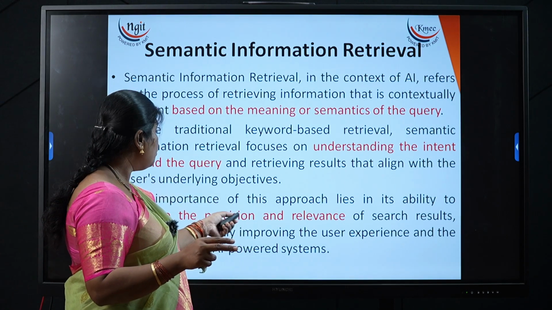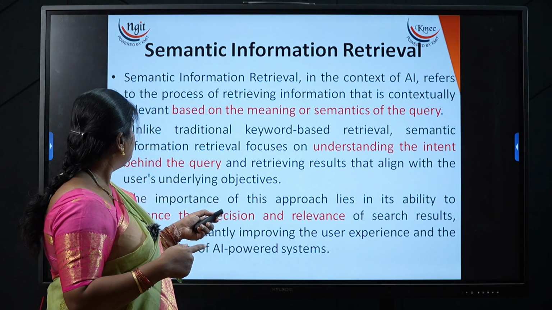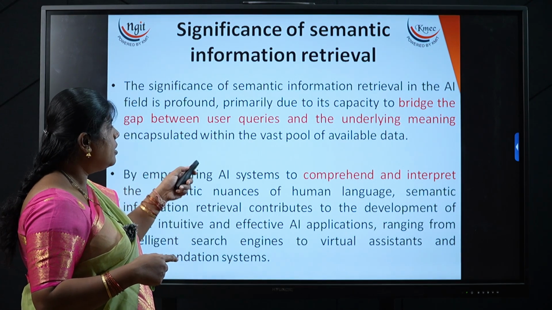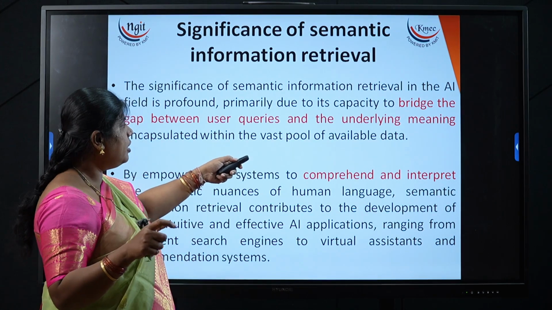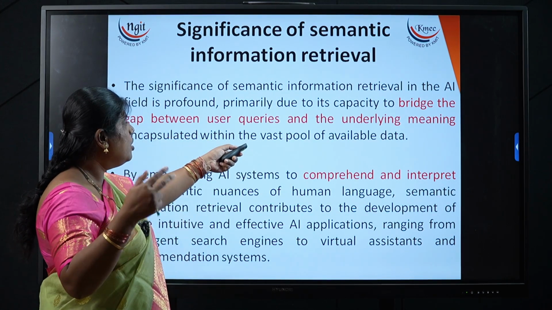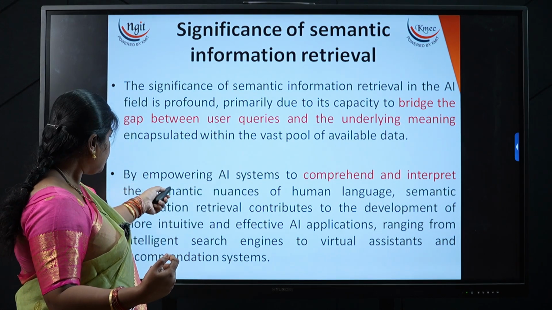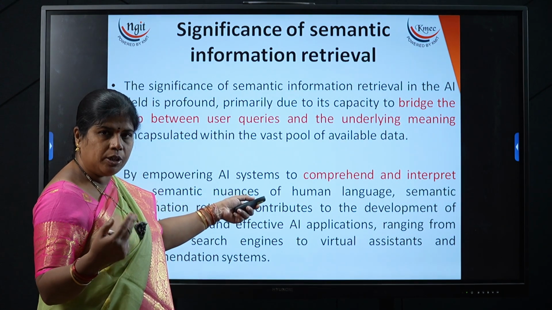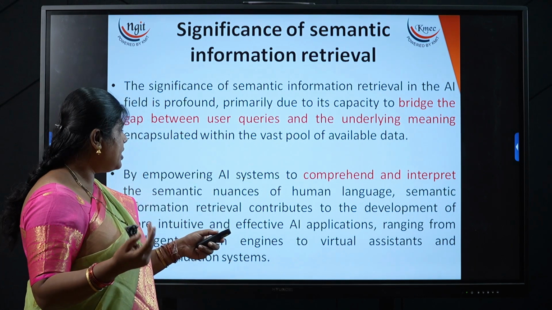So I want to enhance the precision and relevance by making use of semantics. If you understand the meaning of the query, then it will bridge the gap between the user query and the result, and you are empowering the AI system which helps you to retrieve the information by comprehending and interpreting the semantics.